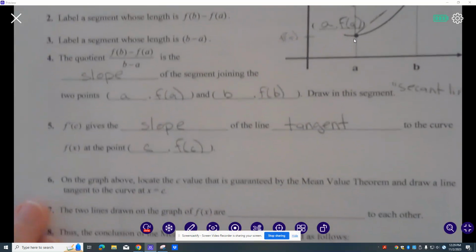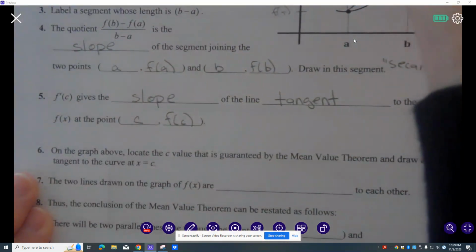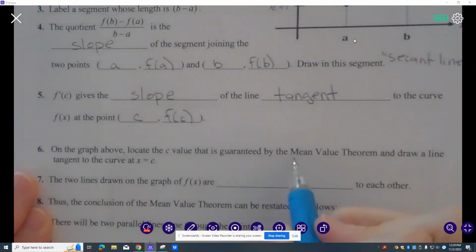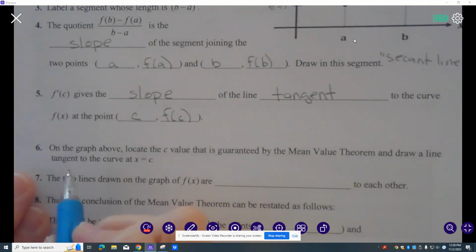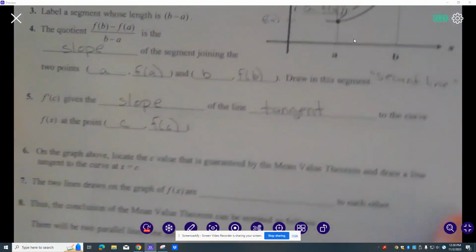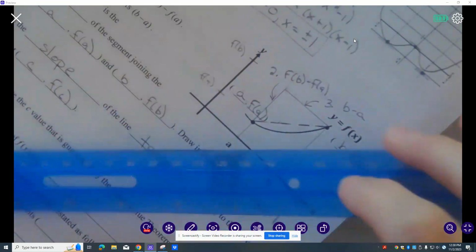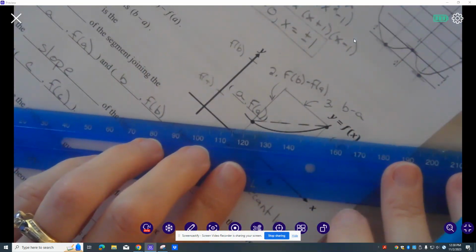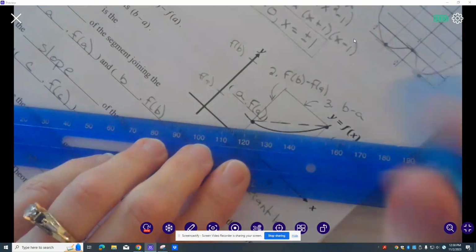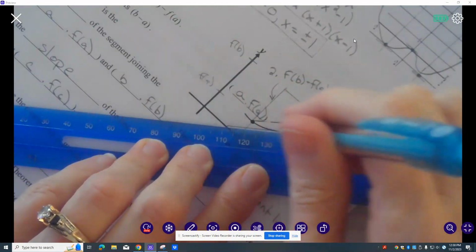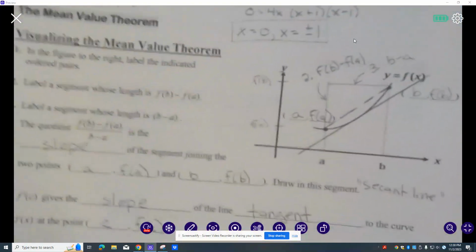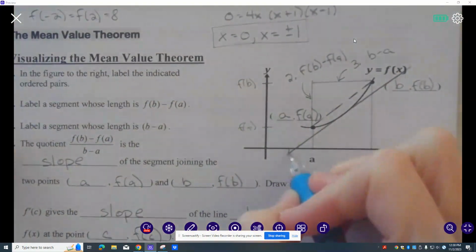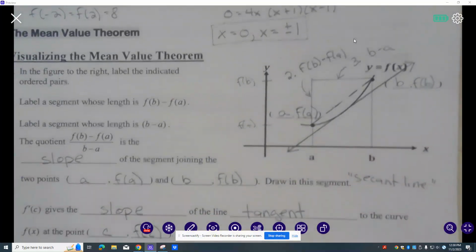So it says, on the graph above, locate the value C that is guaranteed by the mean value theorem and draw a line tangent to the curve at x equals C. So I'm going to put C right there in between A and B. There's the slope of my tangent line.